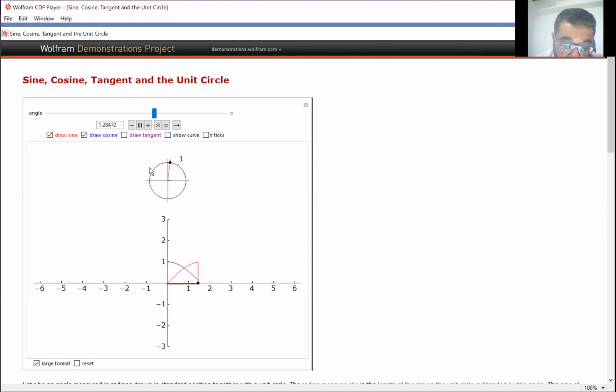As it is rotating, the complex z, its real part, this blue one, is your cosine function, and the imaginary part is a sinusoid. You know that, okay? And that's basically related with the Euler identity.